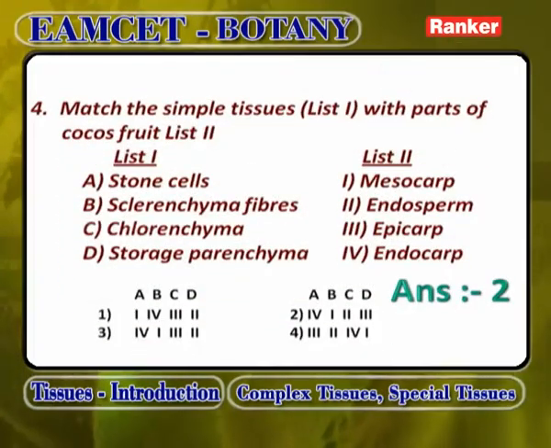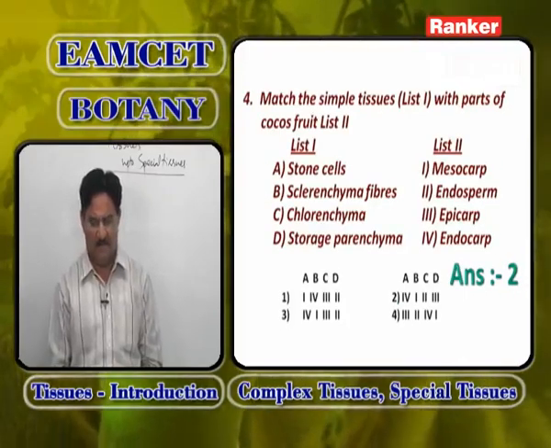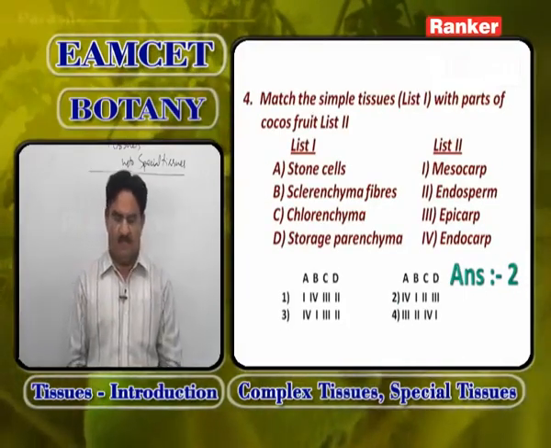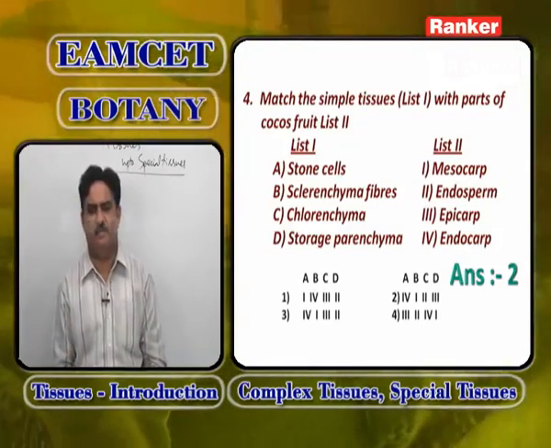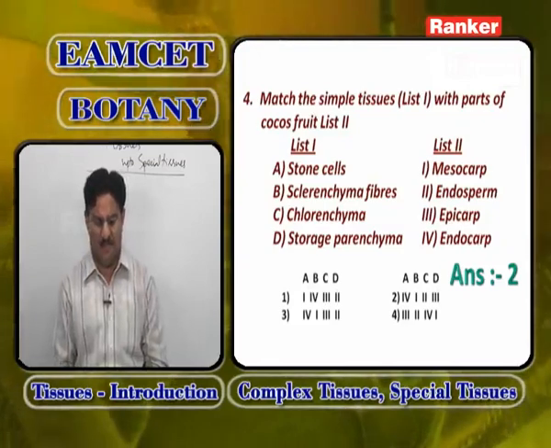This is another matching. Match the simple tissues in list 1 with parts of the Cocos fruit in list 2: stone cells, sclerenchyma fibers, chlorenchyma, storage parenchyma; mesocarp, endosperm, epicarp, endocarp. This is all regarding only coconut. Stone cells, or brachysclereids, are found in the endocarp of coconut.